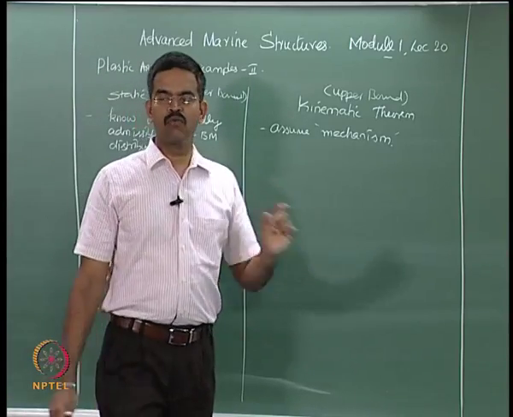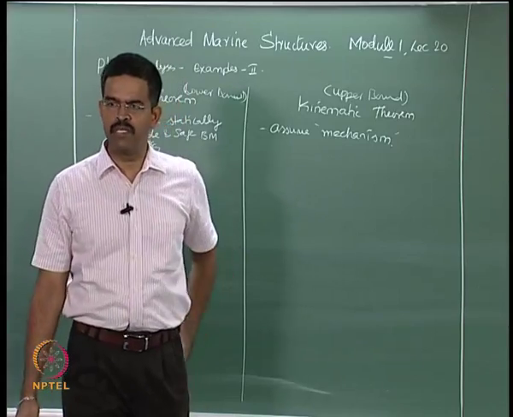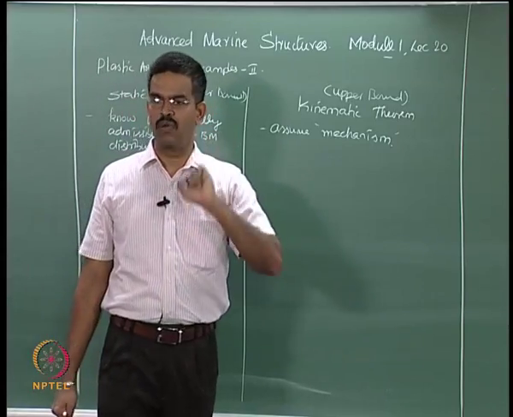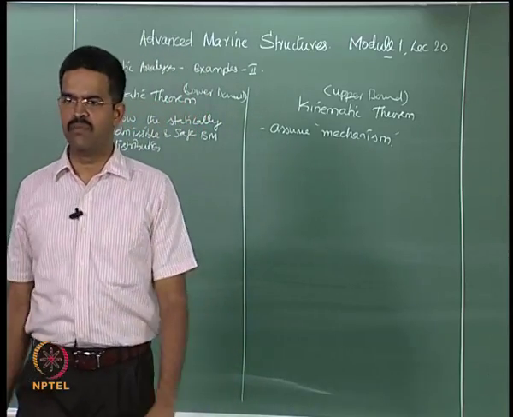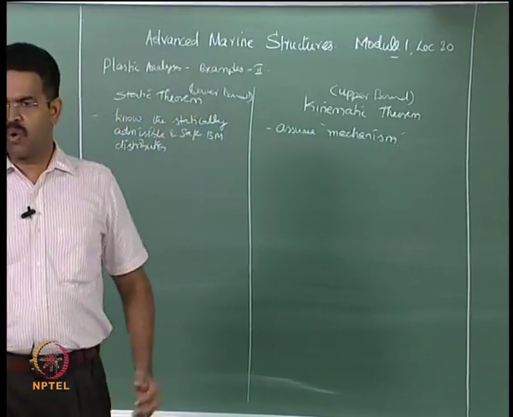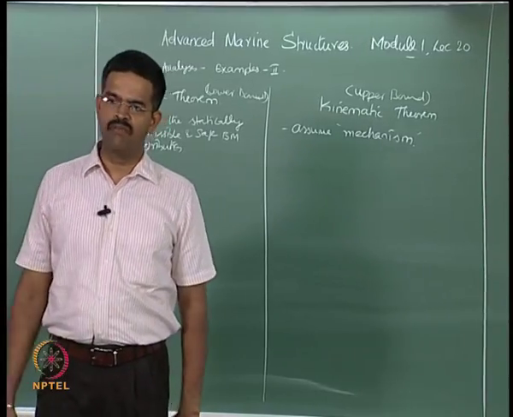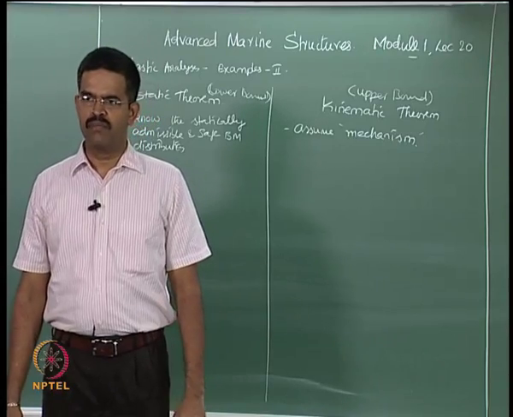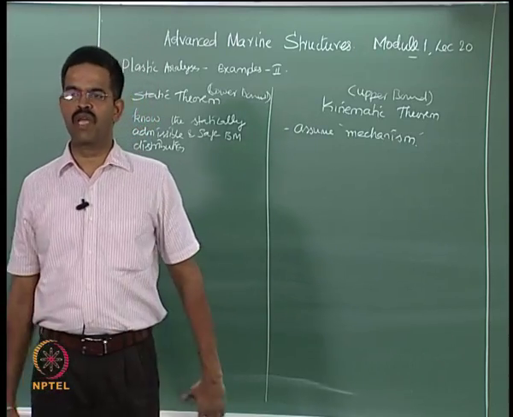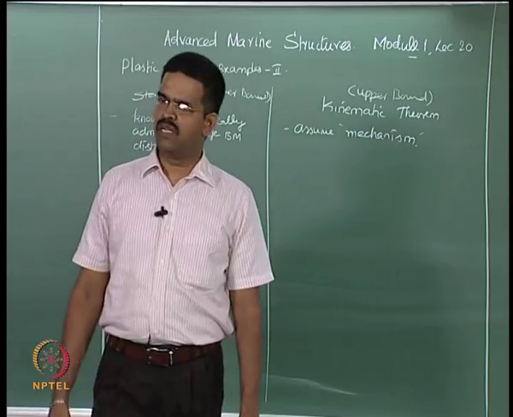So, the adjective collapse may cause a confusion to people, saying that is this method really leading towards a collapse mechanism or collapse of the structure. It is not so. We have already seen in the last lecture that my load factor accounts for enough margin of safety which is comparatively or reasonably better or similar to what we have in a conventional working stress design and elastic analysis.